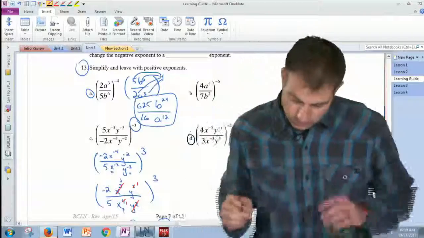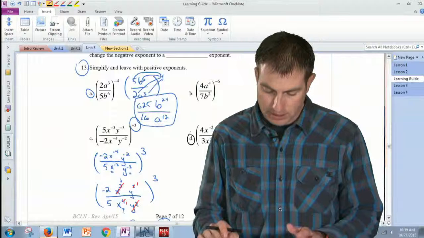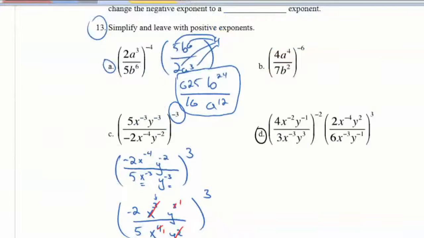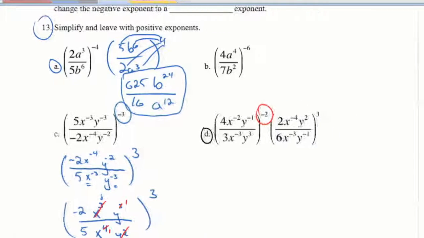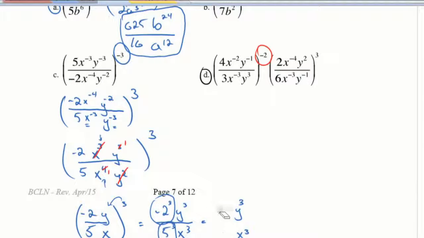All right, let's just tackle it a step at a time. First thing I'm going to do is deal with my exponent of negative 2, because I want to end up with a positive exponent there. I hate dealing with negative exponents.